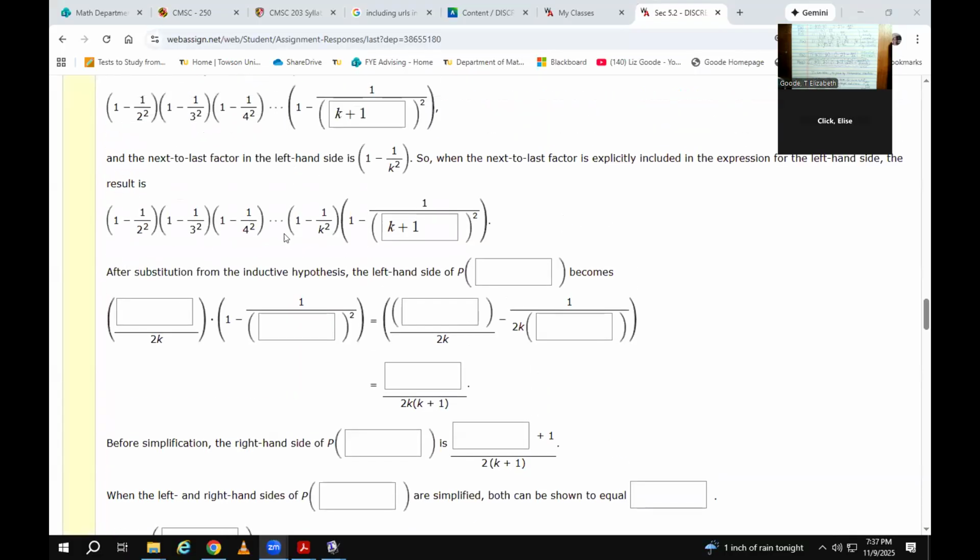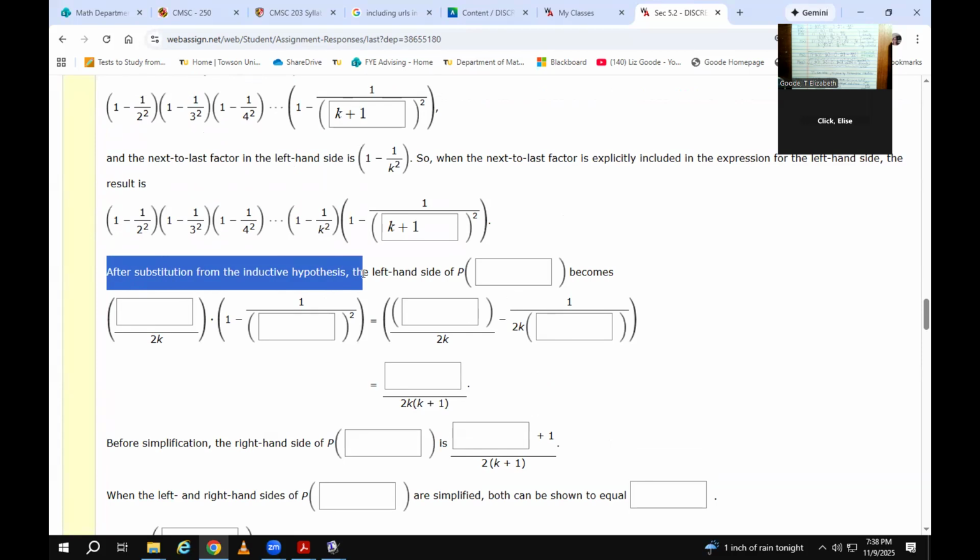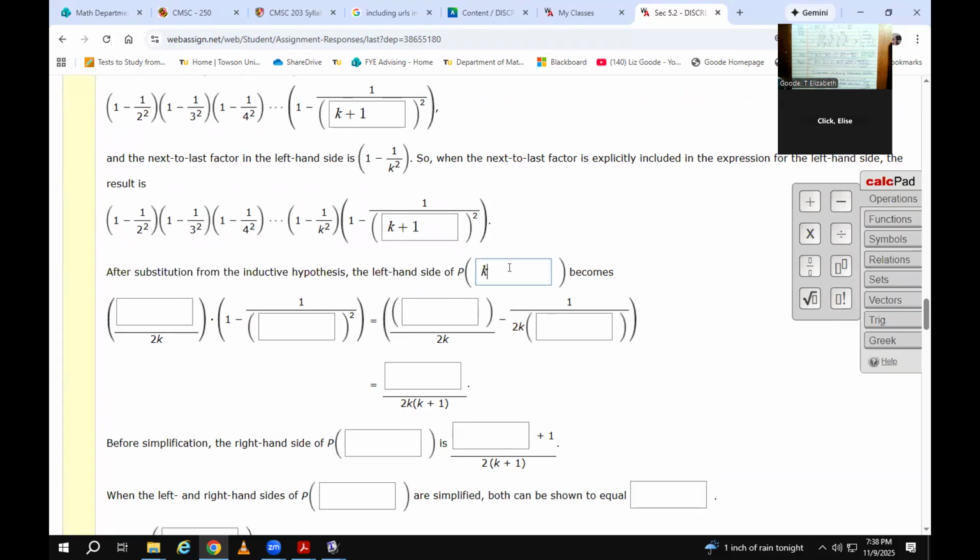So now they're saying, all right, we know what this product really is. Our inductive hypothesis gave us a way to write the product from 1 minus 1 over 2 squared all the way up to 1 minus 1 over k squared. That's what they're trying to say right here. After substitution from the inductive hypothesis, the left-hand side of, well, we're still looking at P of k plus 1, still trying to figure out what it boils down to.